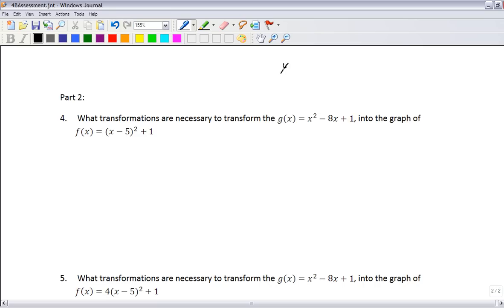So g of x, that's like y equals x squared minus 8x plus 1.